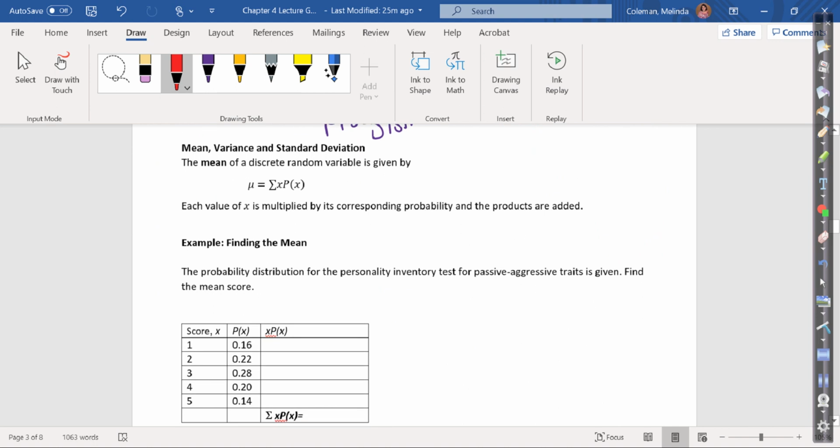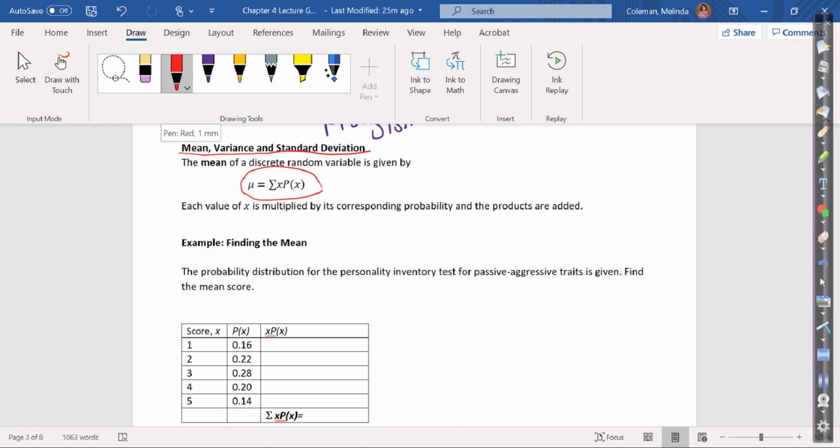All right. So next, just like with all of the other stuff that we talked about whenever we're doing our statistics, we want to know what the mean is, what the variance is, and what the standard deviation is. So mean, variance, and standard deviation. The mean of a discrete random variable is given by this formula.